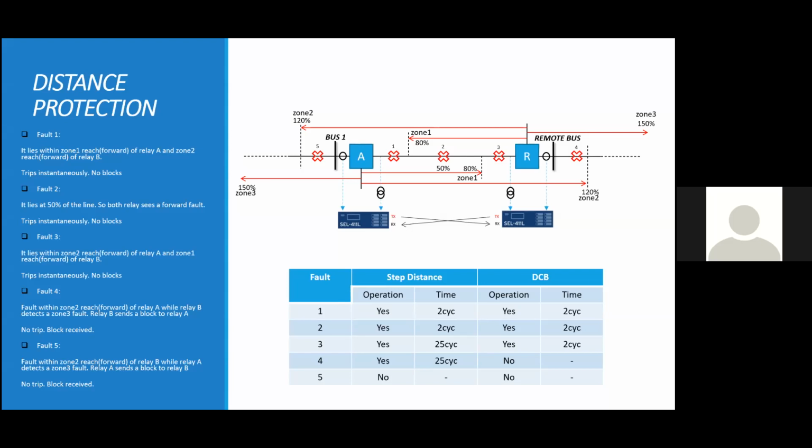The fault at position 1 lies in zone 1 of our local breaker A, and it lies in zone 2 of the remote breaker R.